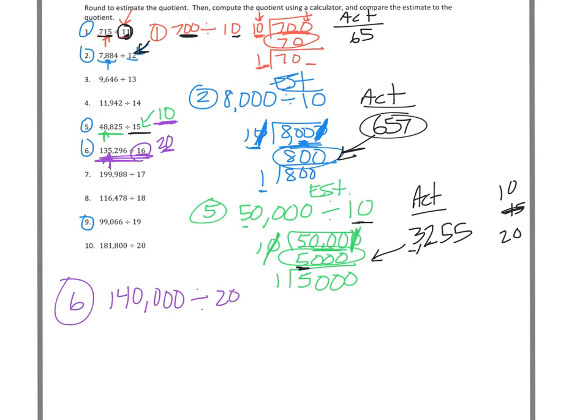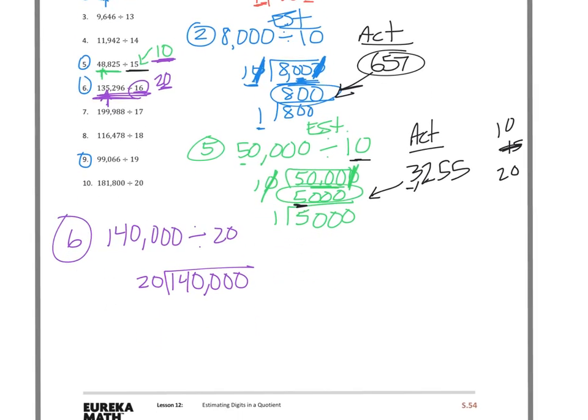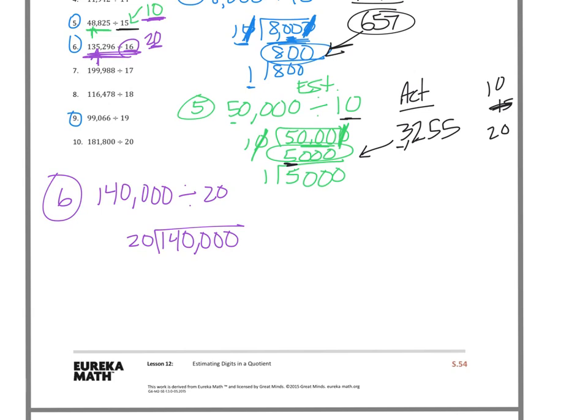So now my setup for this is by 20. So again, I could try to divide this out, or I can divide by 10 here and divide by 10 here to keep them equal. And now it's 14 divided by 2. And I know that's going to get me 7. So that's an easy calculation in my head.